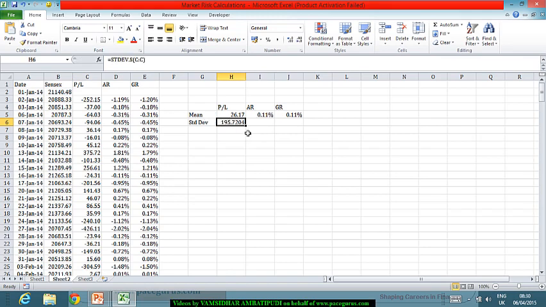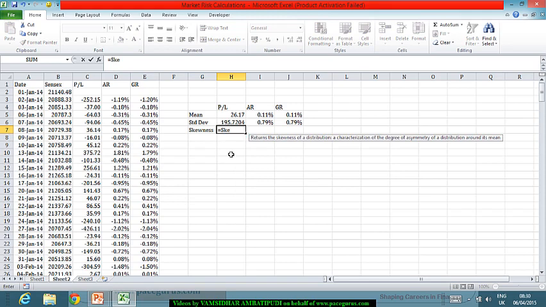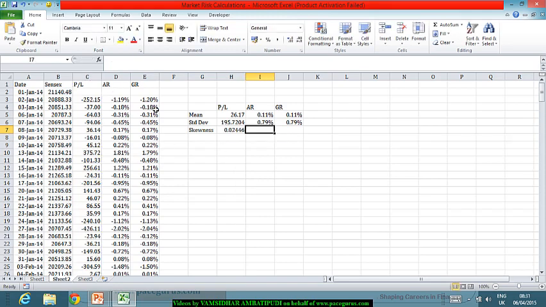So here it's around 195. Extending it, I see that the standard deviations are also more or less the same, whether I have computed the arithmetic return or the geometric return. Similarly, when I take the skewness, just to check out the normality, in this case the skewness is 0.02, very close to being 0.